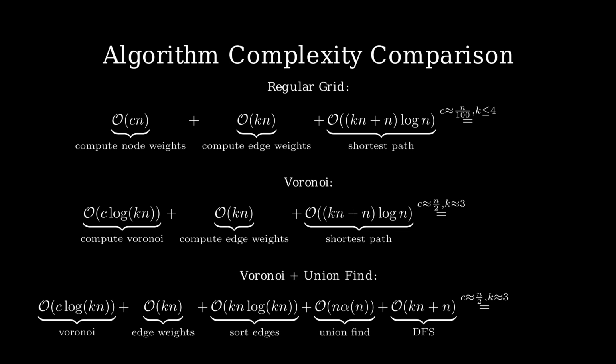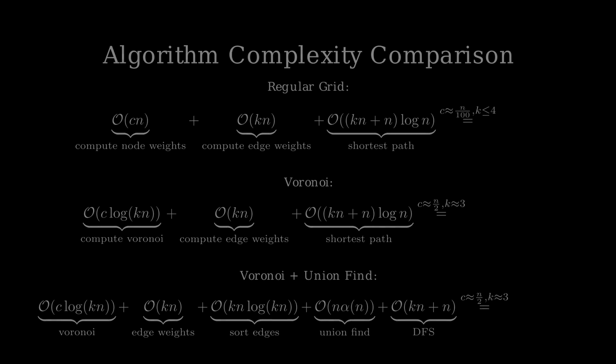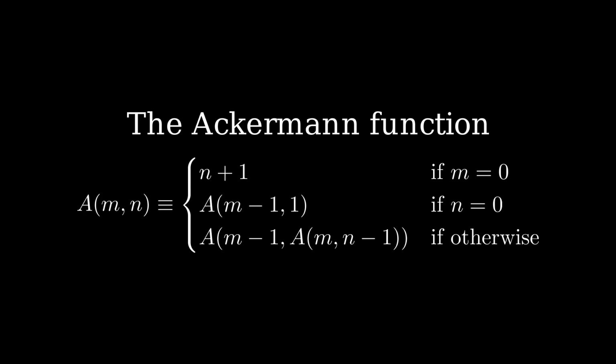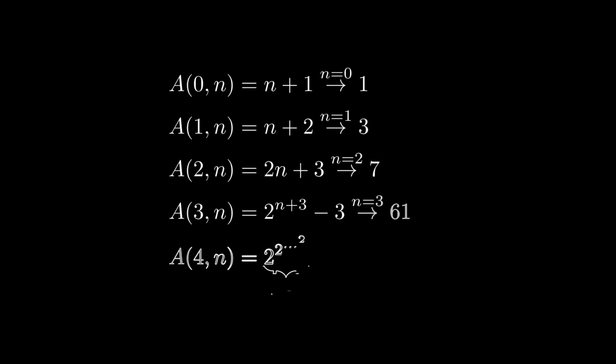So you can already see, union find has a complexity of n times alpha of n. And you might be wondering, what the hell is alpha of n? I'm glad you asked. The alpha in our complexity analysis refers to the inverse Ackermann function, a wildly fast-growing recursive function, but in reverse. The mathematical formula of the Ackermann function is this one. Solving this function recursively will give you these numbers, for example.